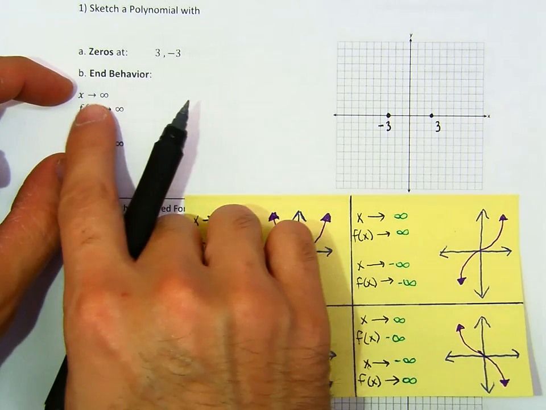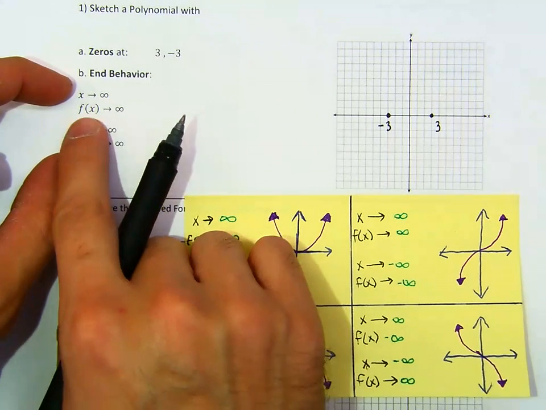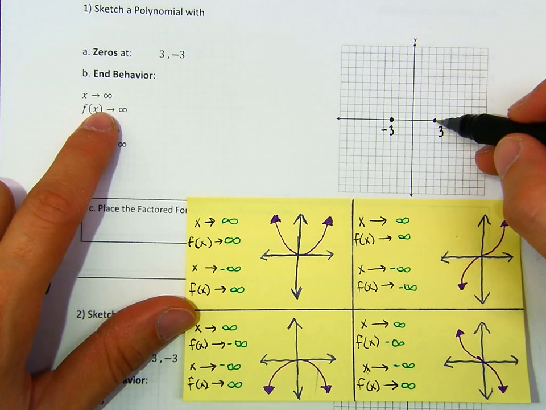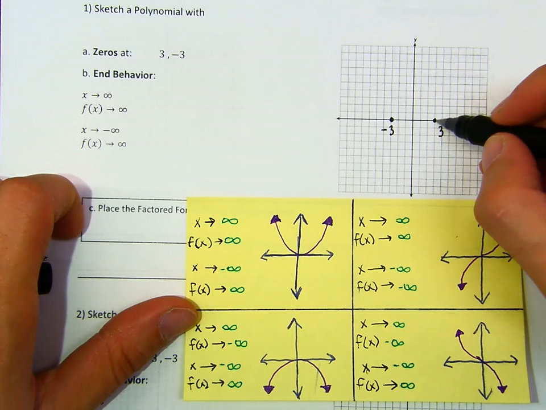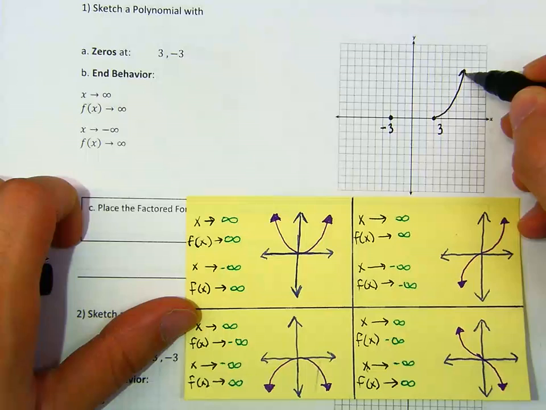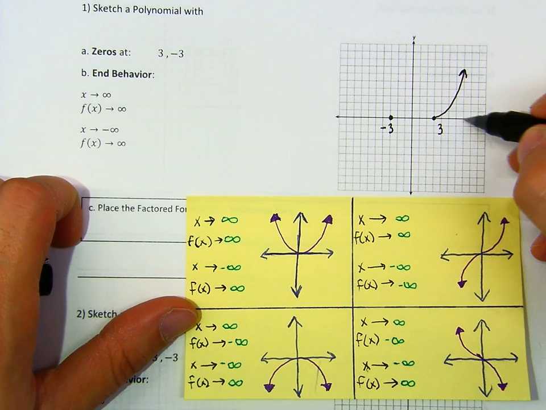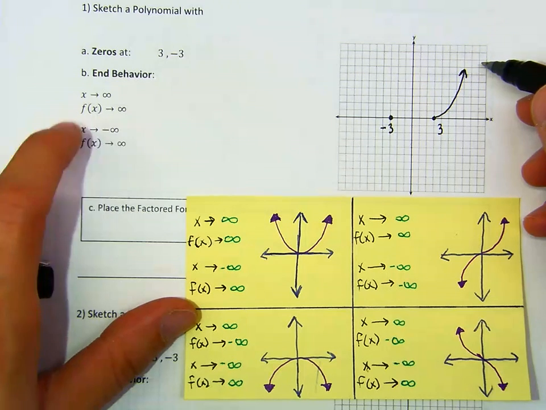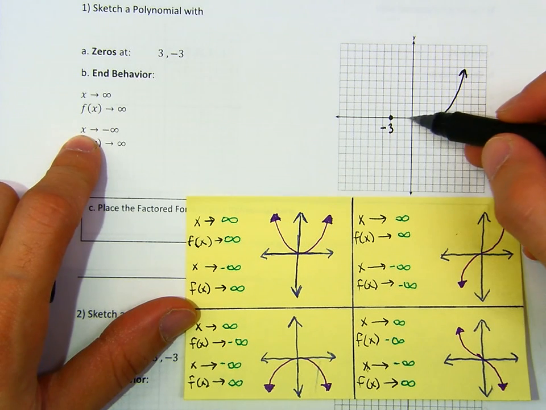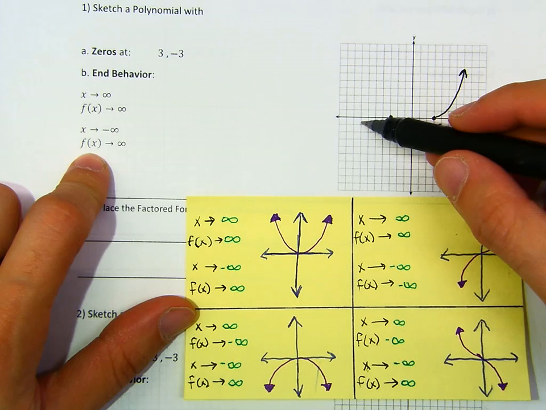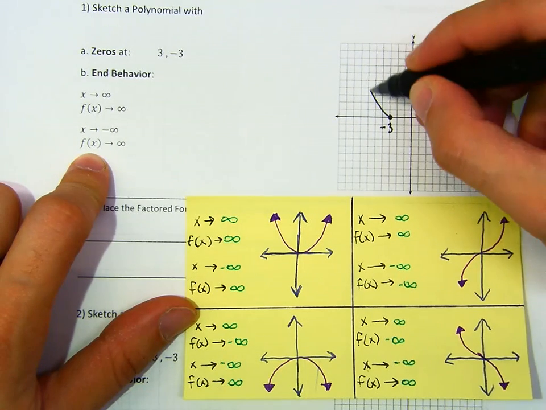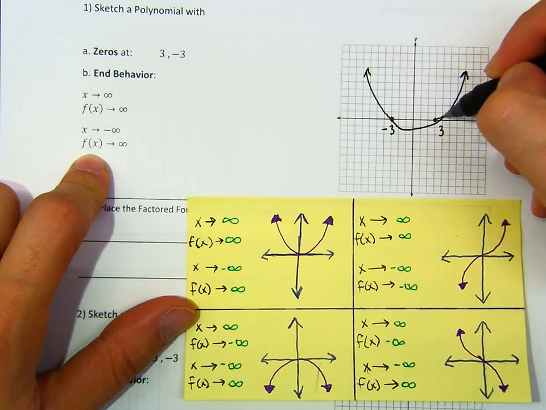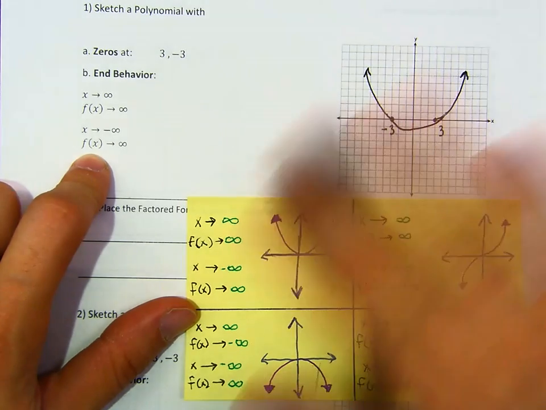Notice as x goes to infinity, f of x goes to infinity. So the idea is, because this is the last zero on the right side, we're just going to go like this, because you see as x is going to positive infinity, f of x is going to positive infinity. And let's take a look over here. As x is going to negative infinity, f of x is going to positive infinity, right? And then here, we'll just connect it like this, and that's it. We're done with our graph.